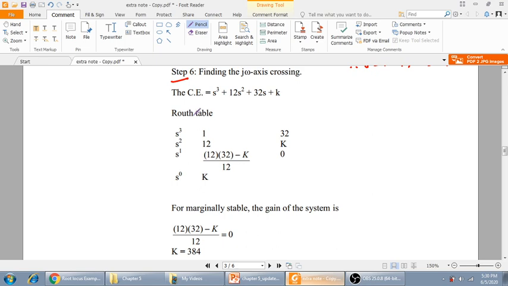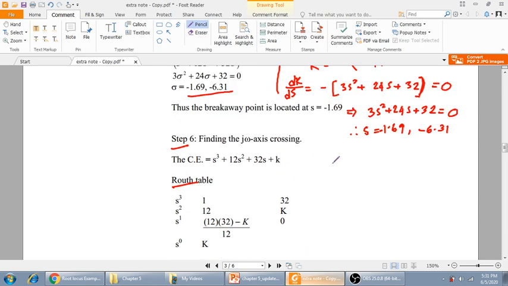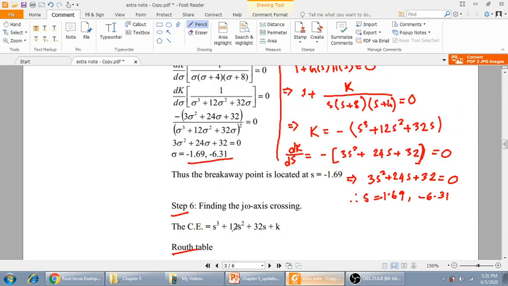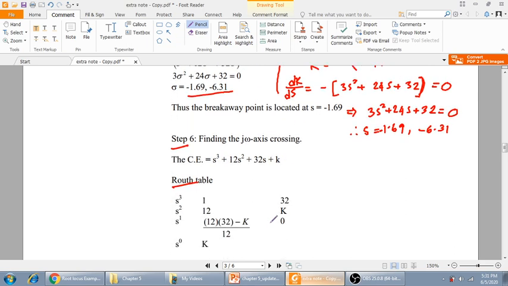we need to calculate the routes in the Routh-Hurwitz table. The Routh table is very easy. For this we consider the characteristic equation, which you have seen already.